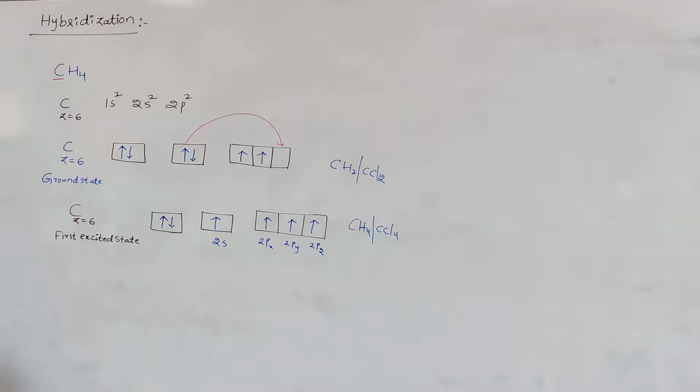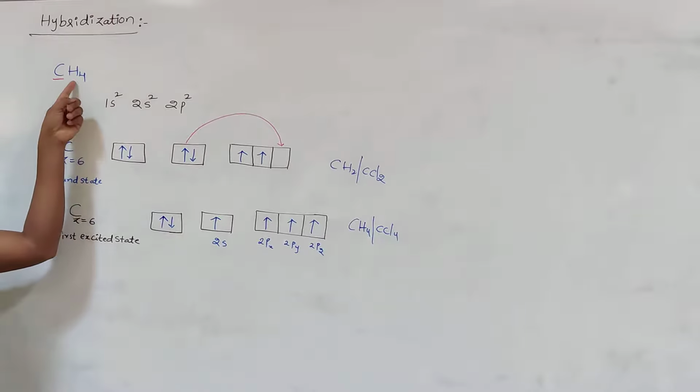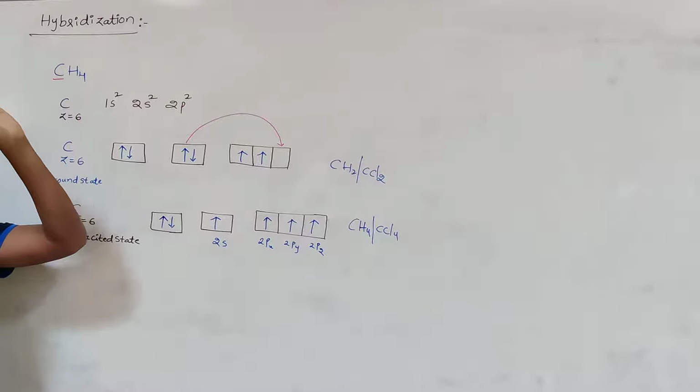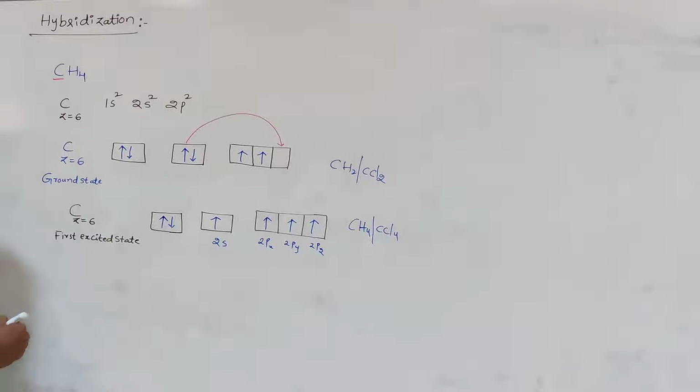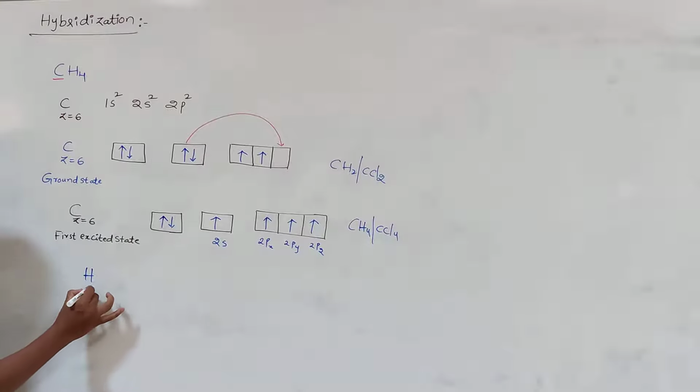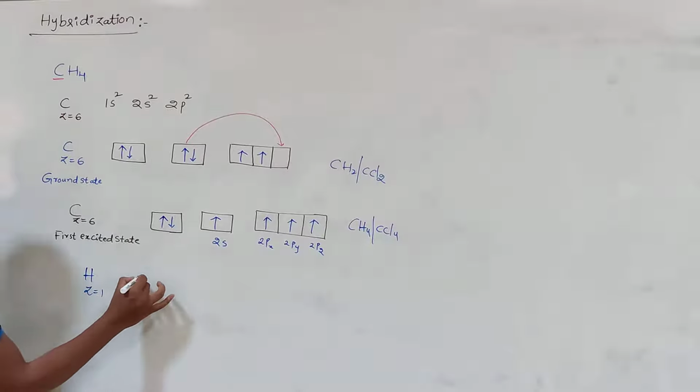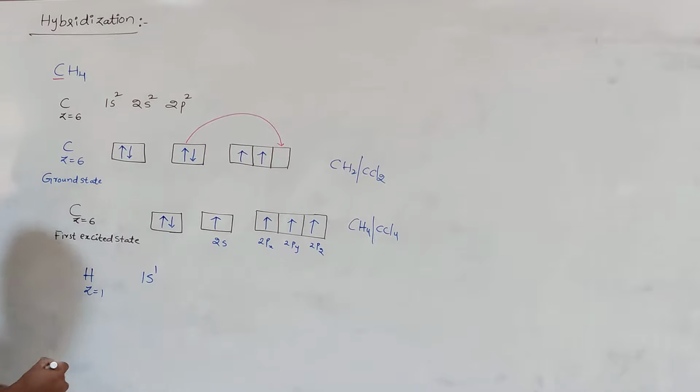These 4 half-filled orbitals are overlapped with the 1s orbitals of 4 hydrogen atoms. Hydrogen, you know very well, is Z equals 1, so the electronic configuration is 1s1.